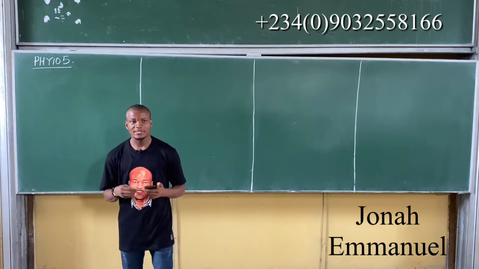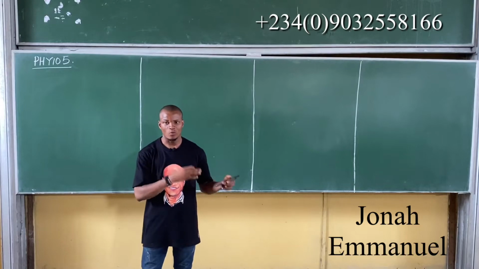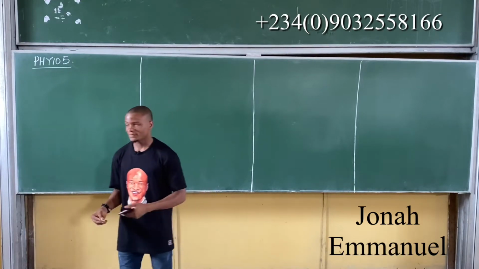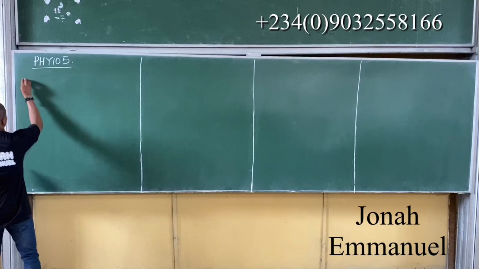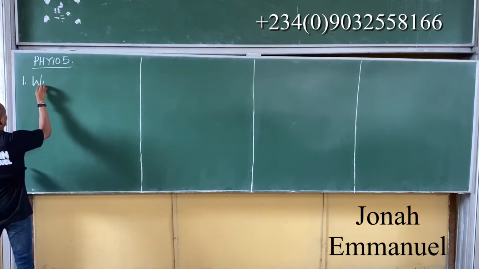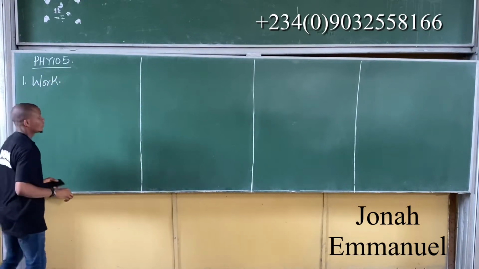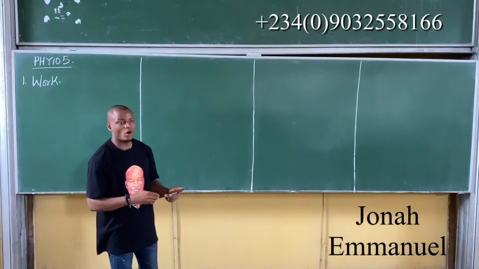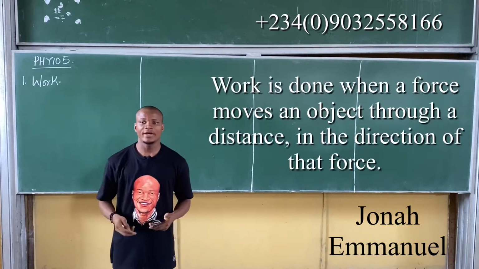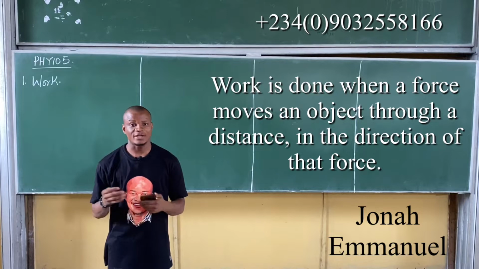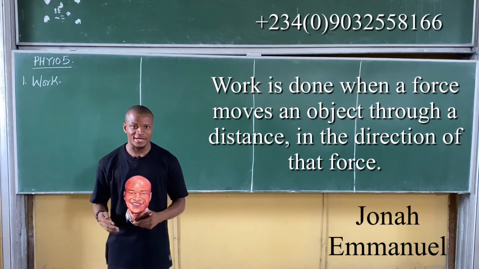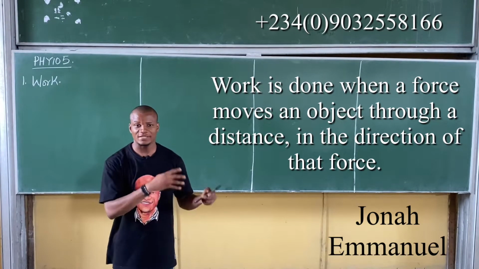First of all, let's consider what work and power mean. Let's start with work. Now, in science, work is said to be done when a force moves an object through a distance in the direction of that force.